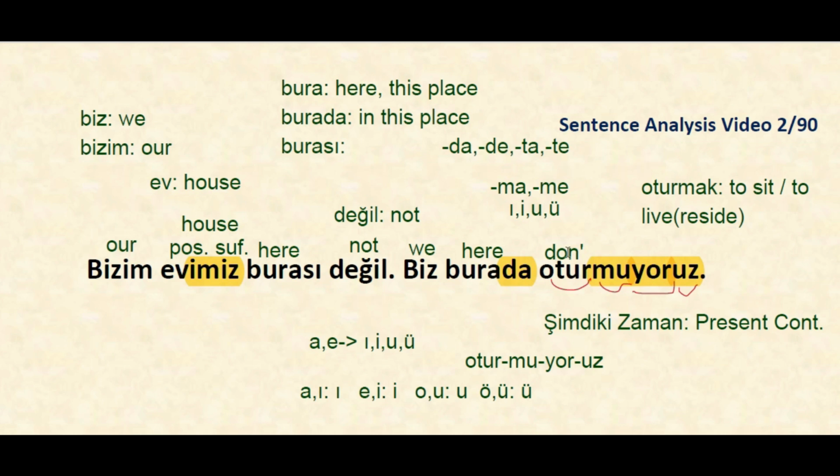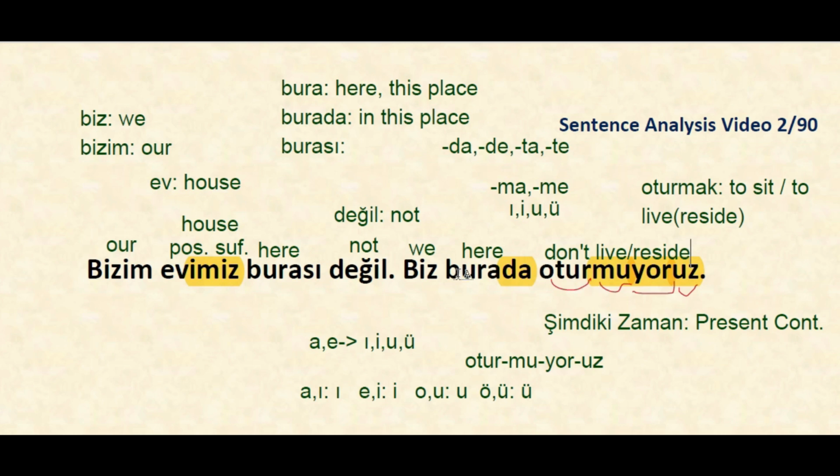So biz burada oturmuyoruz, don't live, don't reside here, shortly. In total, as a complete sentence, biz burada oturmuyoruz means we don't live here.